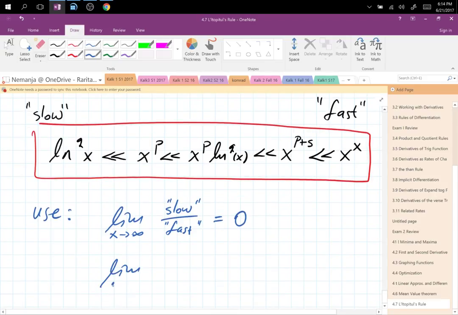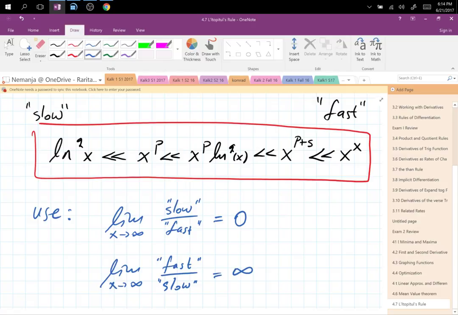And if you have the limit as x goes to infinity of fast over slow, you get infinity. So let's say you have ln x divided by x to the 5. That's going to be 0 because x to the 5 is a polynomial, which is faster than ln x.